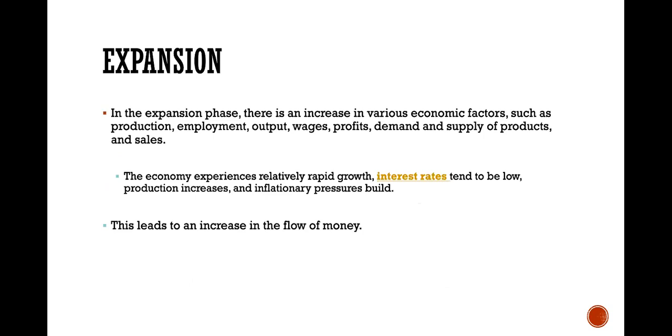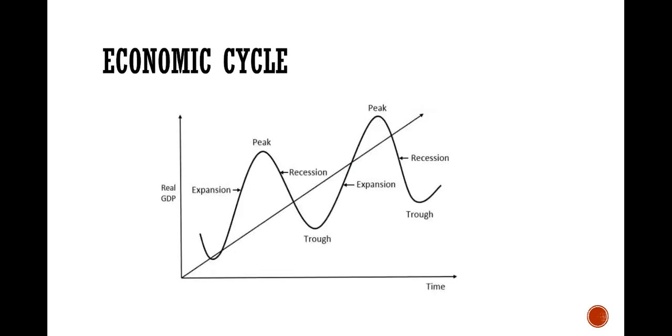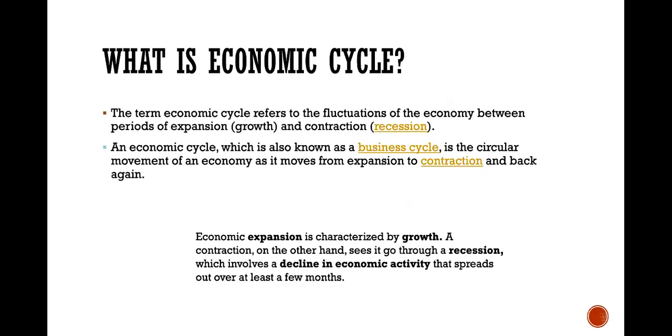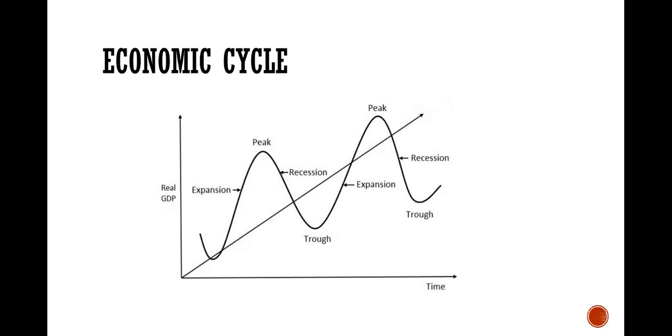Definitely, we do. Okay. So we have another class next week, for some reason I just started having a strong headache. So we will go into the economic cycle next class, and we'll talk about the 4 types of economic cycle. Here you have your expansion, your peak, your contraction, and your trough. This is the graph, what they call it.